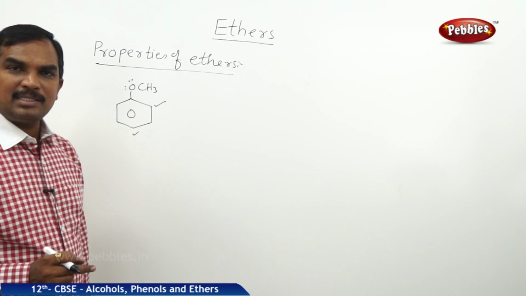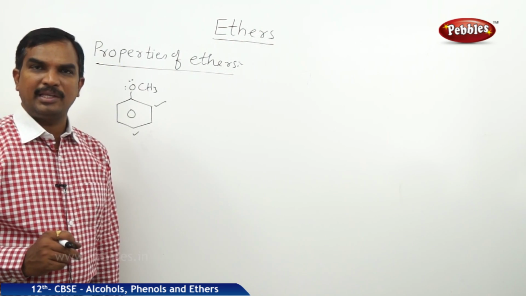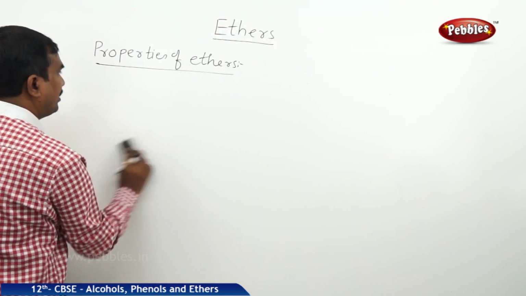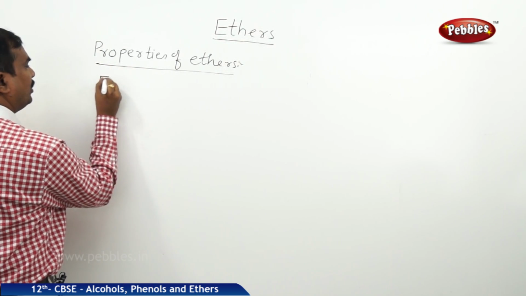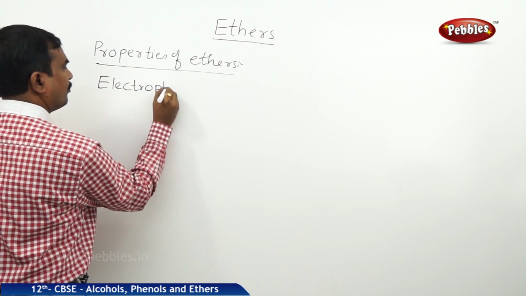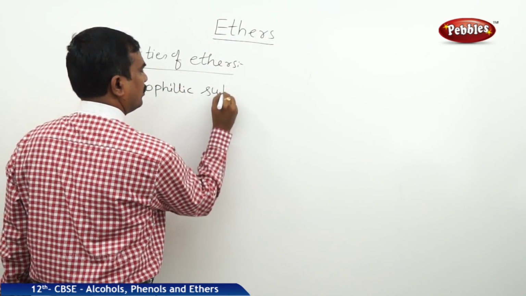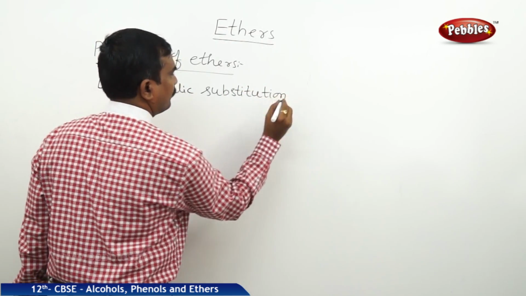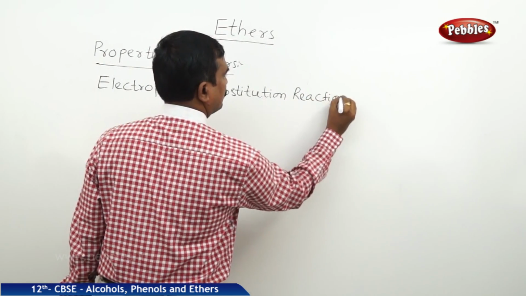That's why these aromatic ethers will undergo generally electrophilic substitution reactions. Now let us see the electrophilic substitution reactions given by the anisole.